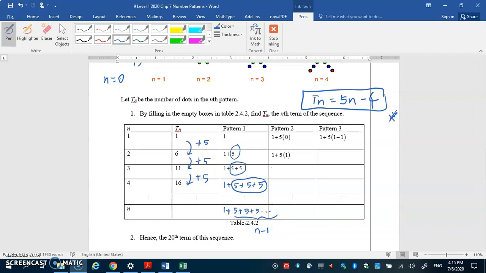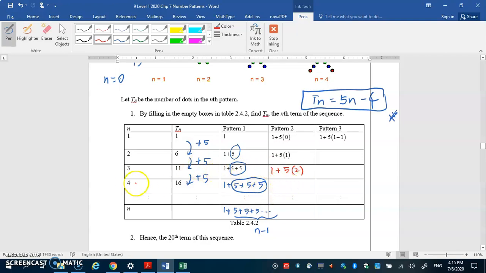Okay, so if you look at the column for pattern 2, they are doing something similar as well. Basically, for the second term, when n is 2, you only added one 5. So it's 1 plus 5 times 1. But for n equals 3, you added 5 two times, which means it's 1 plus 5 times 2, to get the 11.